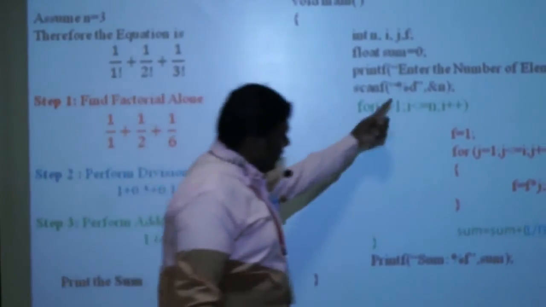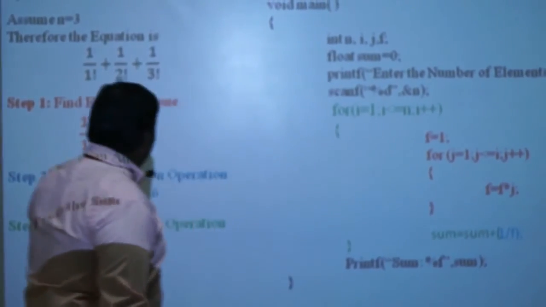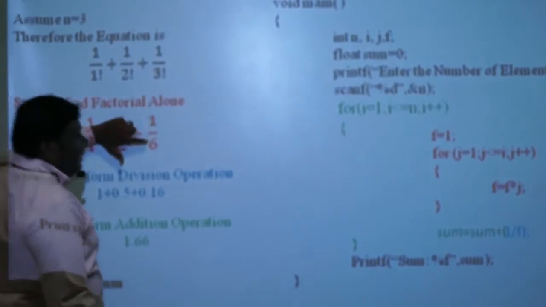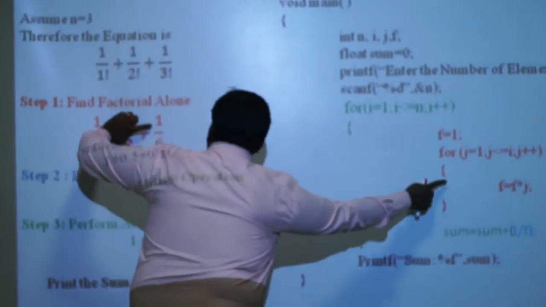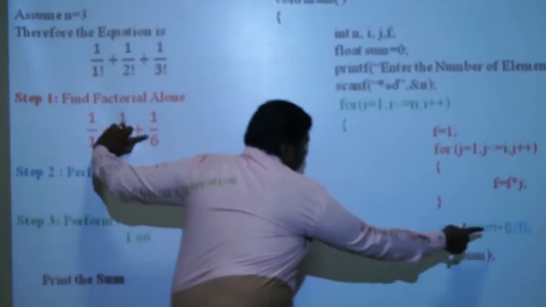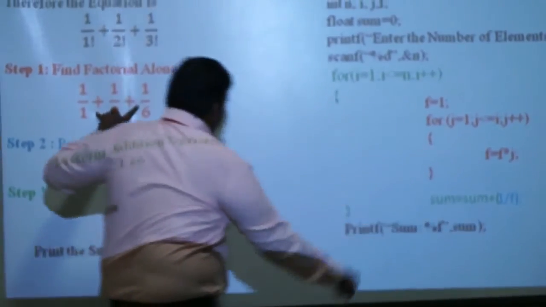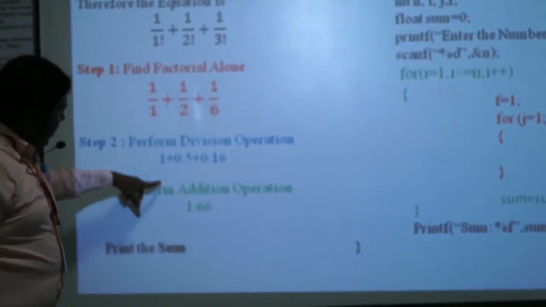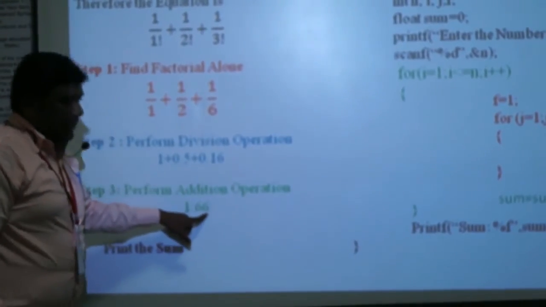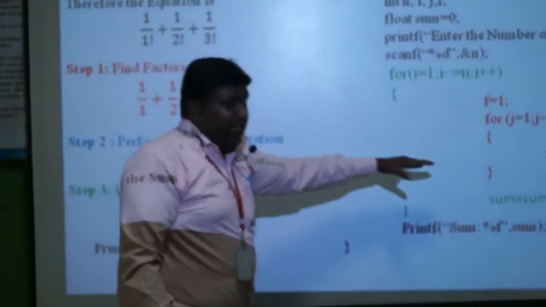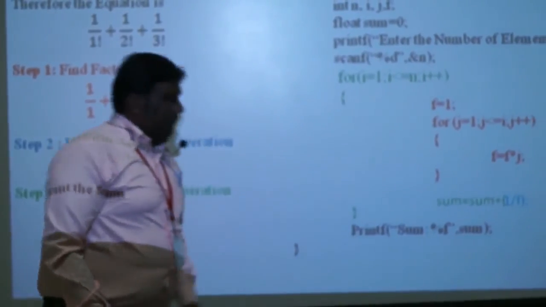When i becomes 3, the third element will be calculated: the factorial is calculated, then 1 by 6 is calculated and added to the existing sum and stored. When i equal to 3, the sum will be 1.66. When i becomes 4, the loop terminates and prints the sum.